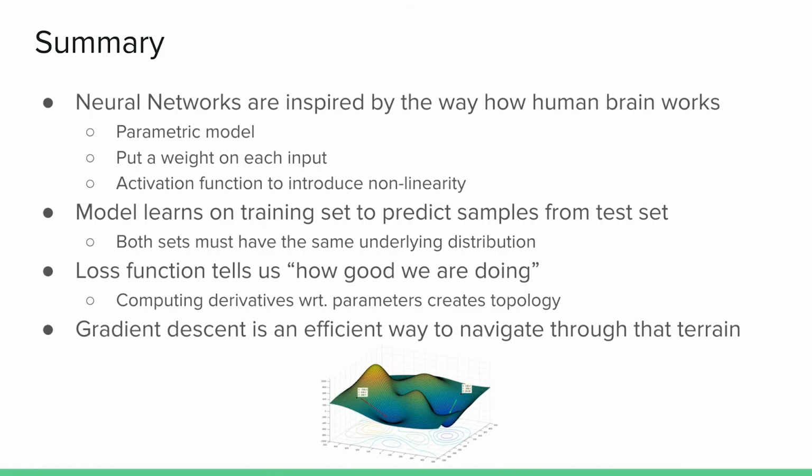So, summing up this basic introduction into neural networks, loss functions, backpropagation and optimization: neural networks are inspired by the way human brains work. It's a parametric model. We have our neurons that internally have certain weights for how we take the inputs and what we do with them. Think of the following.